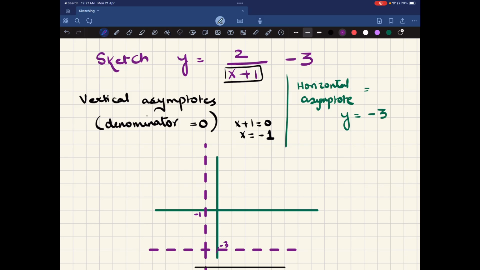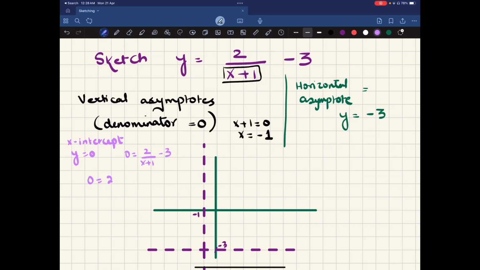Now, just like in normal graphs, we're going to find the x and y intercepts. To find the x-intercept, what do we do? We put y equals 0 in the function. So if we put y equals 0, 0 equals 2 over x plus 1, minus 3.